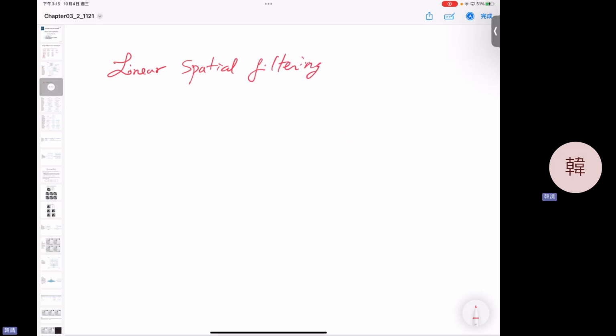Okay, so normally we have the output g(x,y). What do we do with our input f(x,y)? We do this operator here, s from minus a to a, t from minus b to b, and this is your mask w(s,t), times f(x+s, y+t).